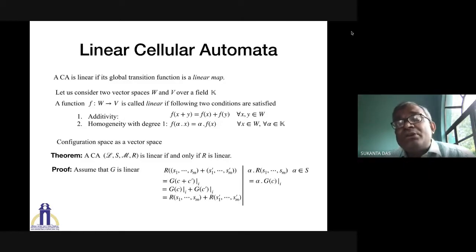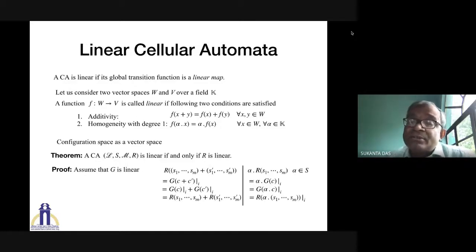Now it is equal to alpha into G of C over I, right? Now since G is linear, I can write this one using the second property of the function equal to G of alpha into C for restriction number I, and it means R of alpha dot, multiplied by this S1 Sm.